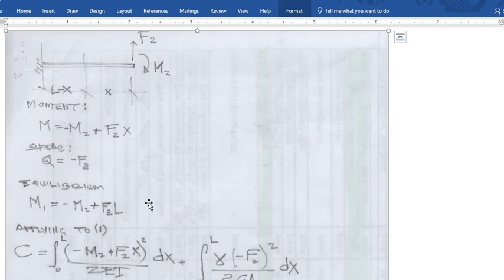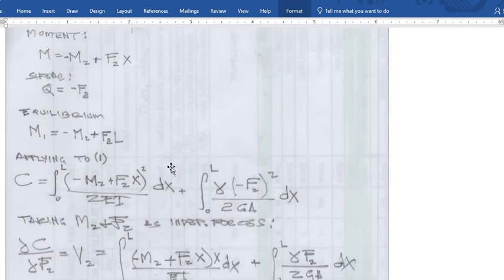And then, the shear, remember that shear is the vertical forces. The shear here, or vertical force, is negative F2. Then from equilibrium, your moment 1 is now equal to negative M2 plus F2L. And then we repeat the same procedure.